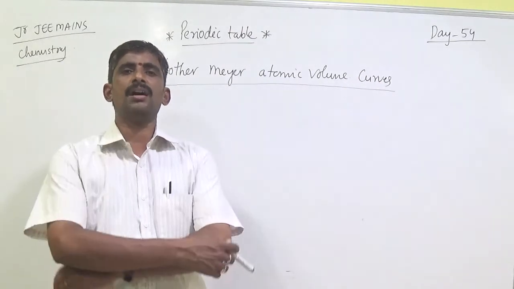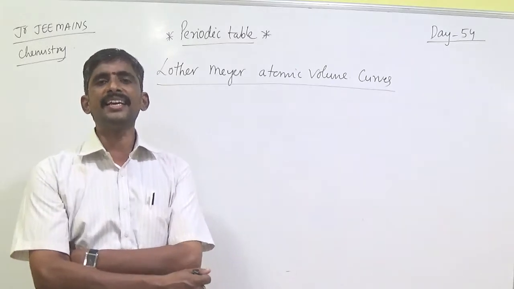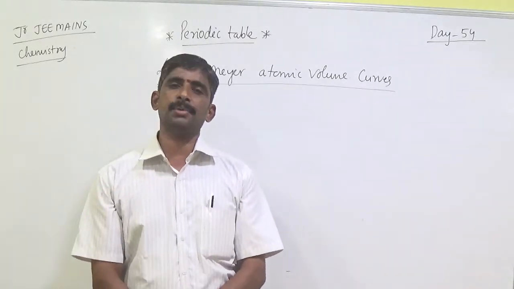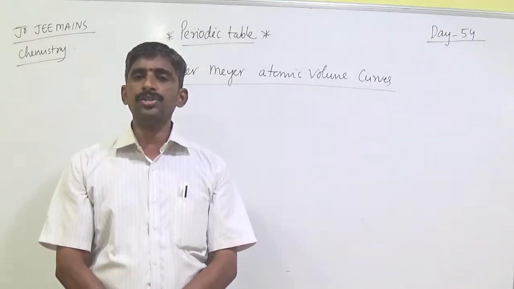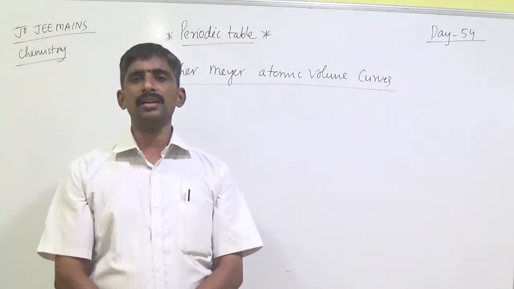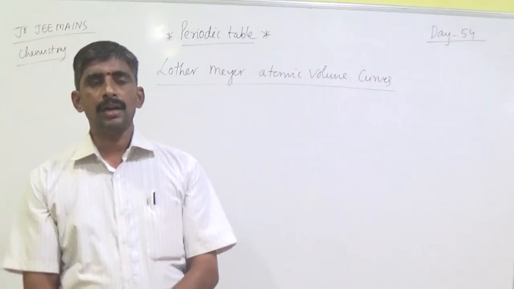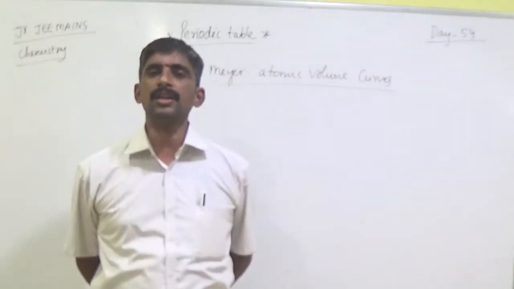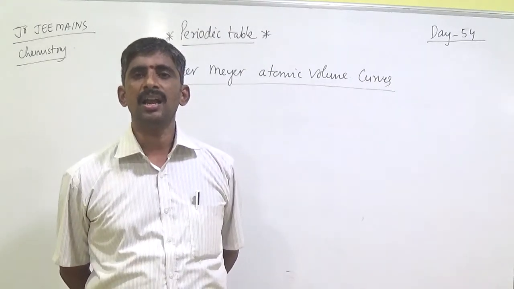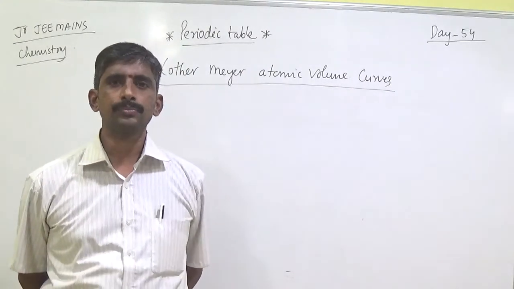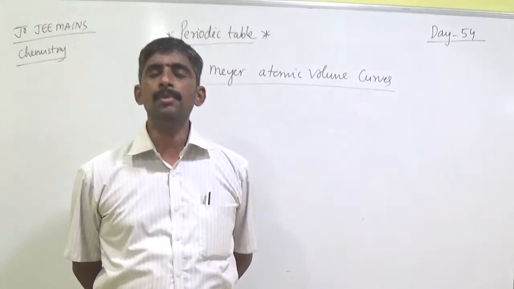Alkaline earth metals are in the descending part of the curve. Halogens are at the ascending part of the curve. Transition elements lie at the broad minima of the curve.